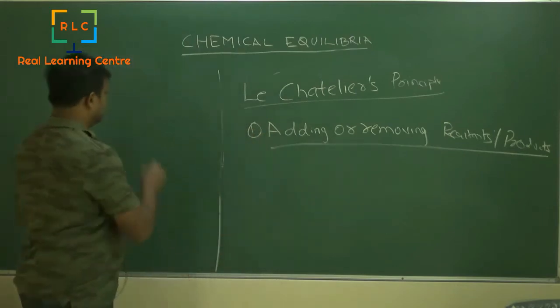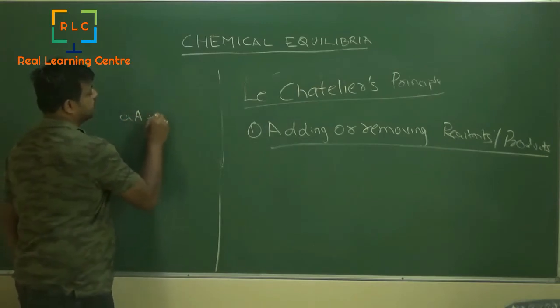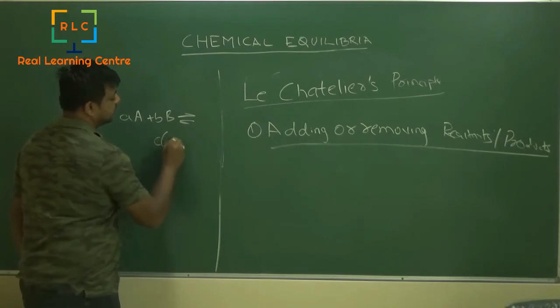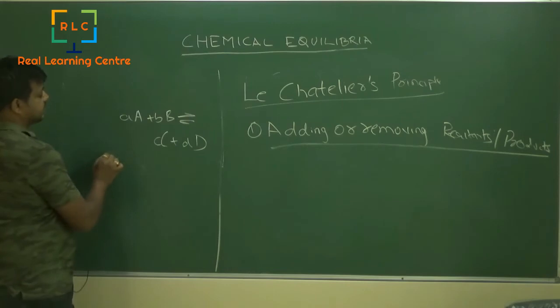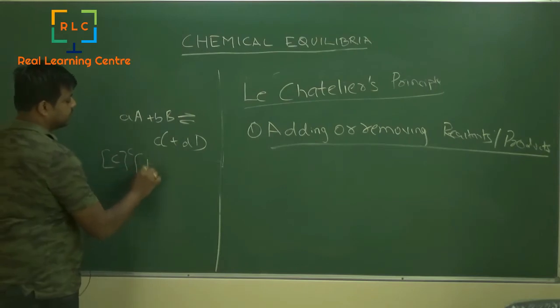For example, if this is my reaction, then at any stage of the reaction, whatever is the value of this expression, that's called the reaction quotient.